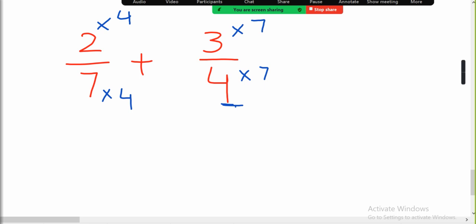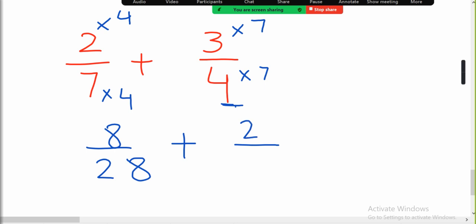We will multiply numerator and denominator both. Okay. Now 2 times 4 is 8, 7 times 4 is 28, plus 3 times 7 is 21 and 4 times 7 is 28. Now we have the same denominator and now we can add them.